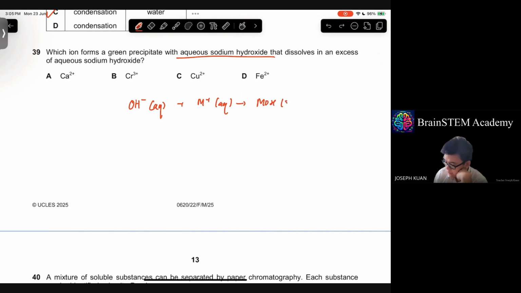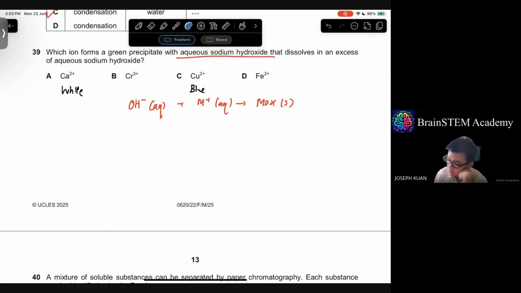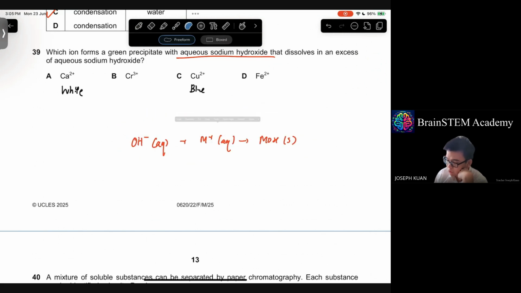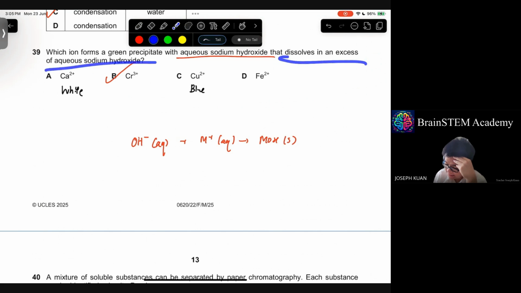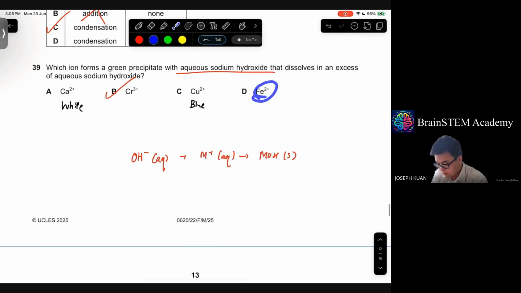Now, however, calcium hydroxide is white. Copper(II) hydroxide is blue. Our only possible answers are iron(II) hydroxide and chromium(III) hydroxide. However, the answer is B for boy because chromium(III) hydroxide is able to dissolve in excess sodium hydroxide, not iron(II) hydroxide.